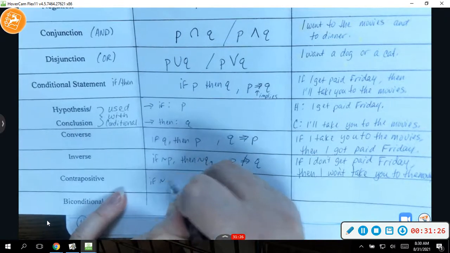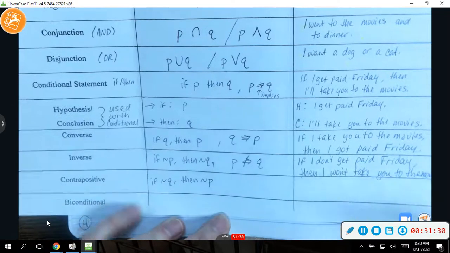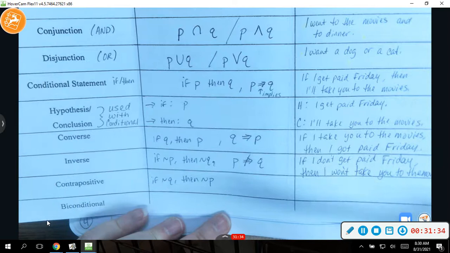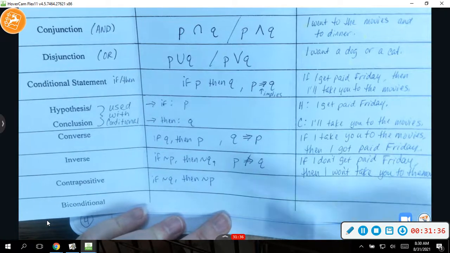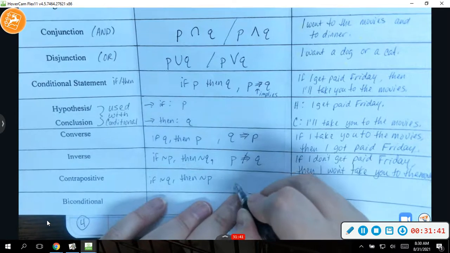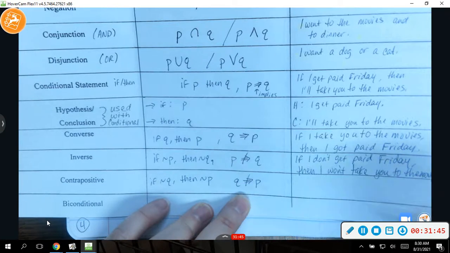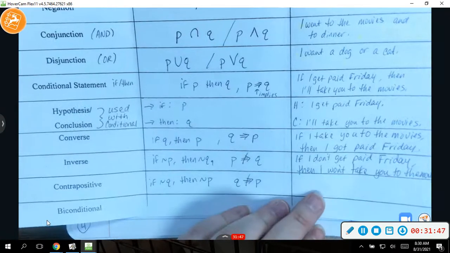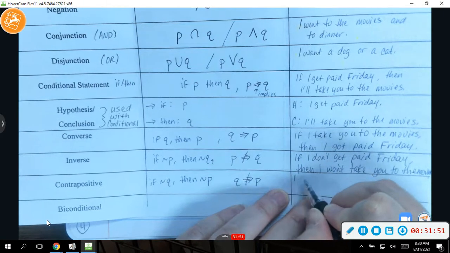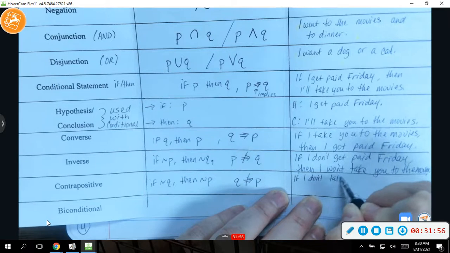If not Q, then not P. So if this one changes the truth value, and so does this one, if we do both, we've changed the truth value twice. That's why this one has to match the first one. So you could also say Q does not imply P. And this one, if I don't take you to the movies, then I didn't get paid Friday.